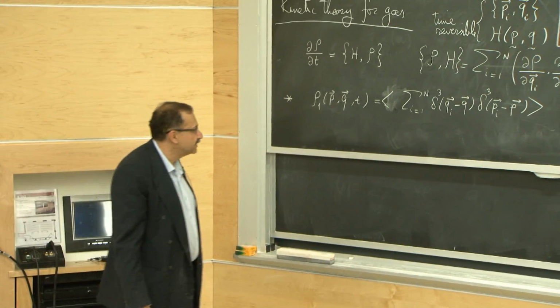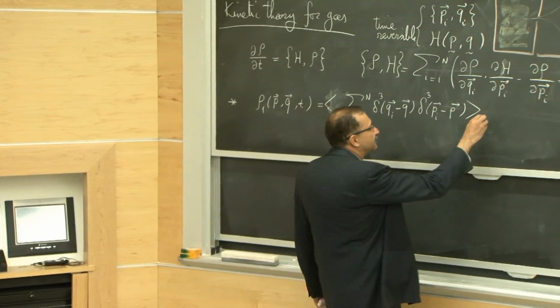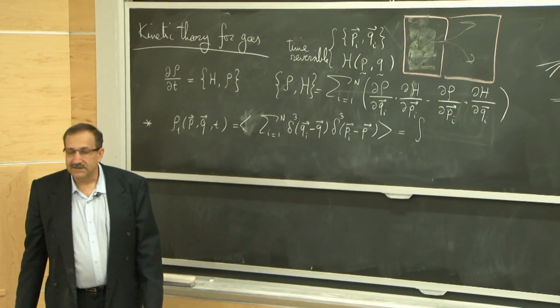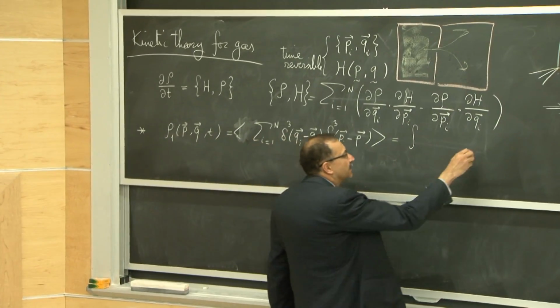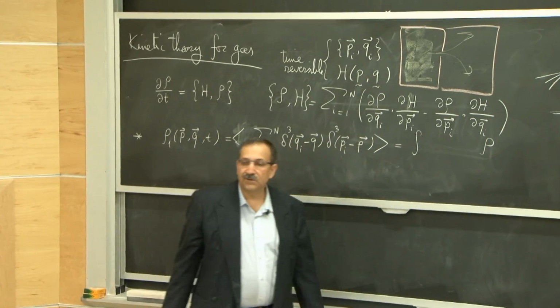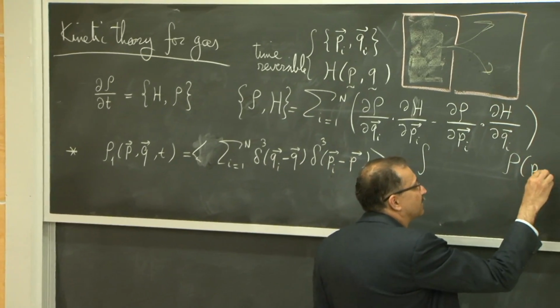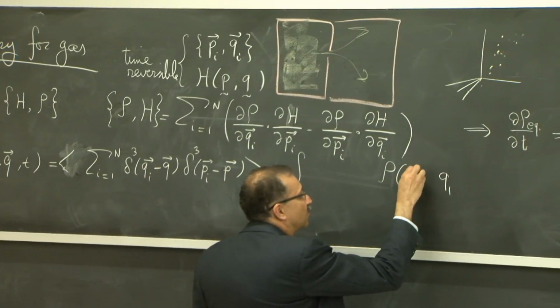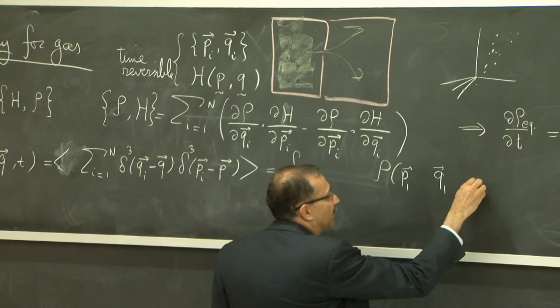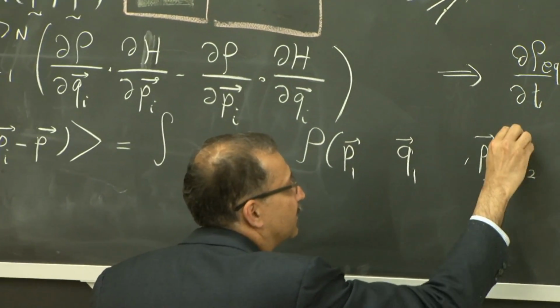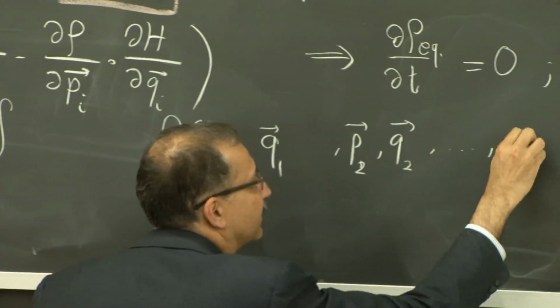OK, so what does that mean? To do an ensemble average, we said I have to integrate the density function rho, which depends on all of the coordinates. So I have the coordinate and momentum for particle 1, for particle 2, for particle 3, all the way to particle number n.